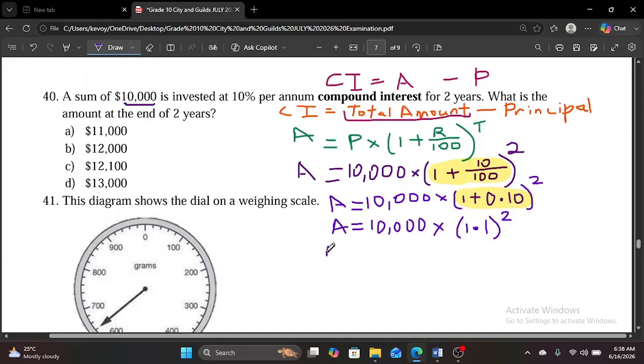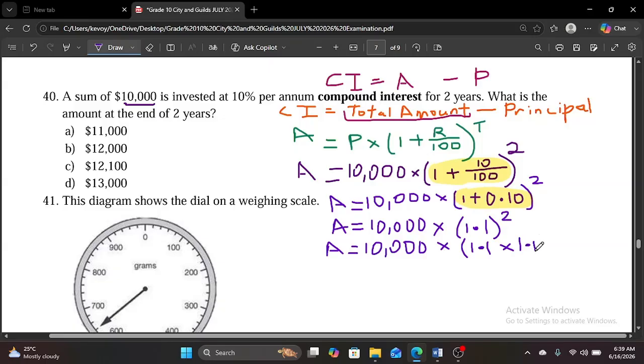So it would look like A is equal to 10,000 times, in brackets, 1.1 times 1.1, because when I'm squaring it, it's still multiplied by the number itself.